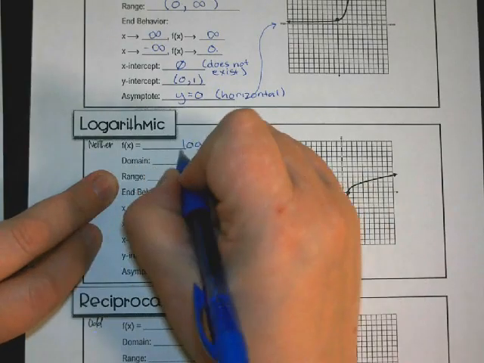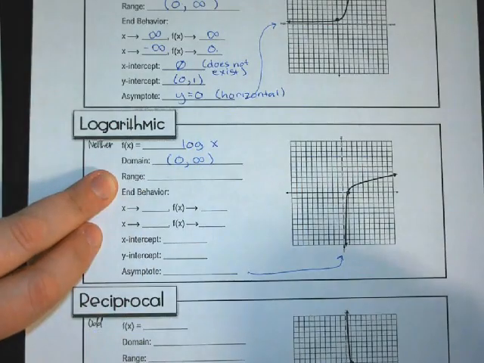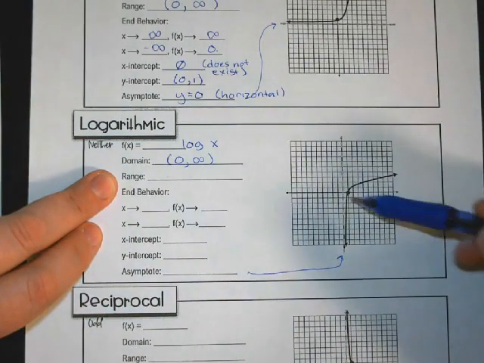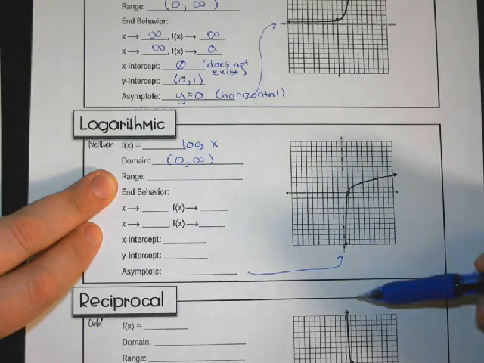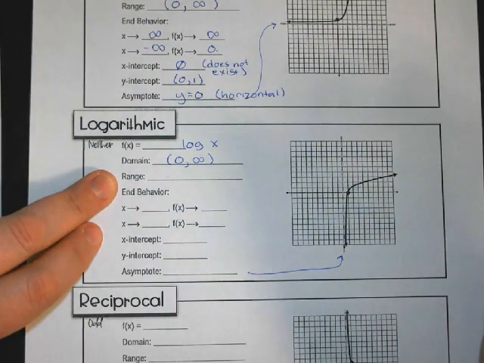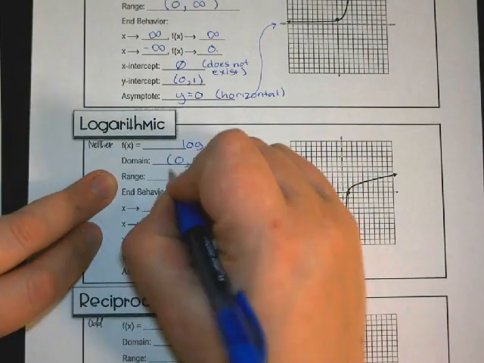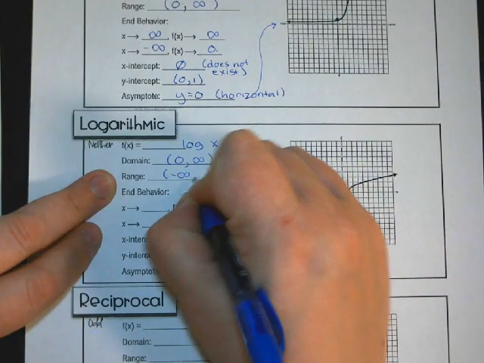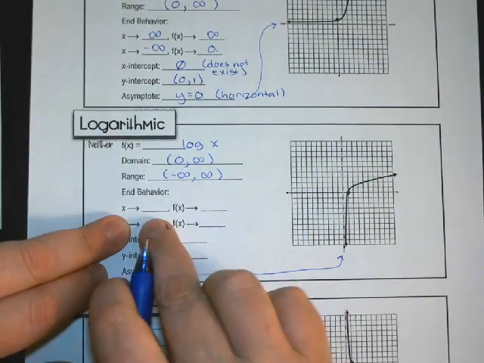So my domain is going to be 0 to infinity. But as you can see from my graph, there's no limit to how low that y value could go. And there's not going to be a limit on how high that positive y value can go either. So my range is going to be from negative infinity to positive infinity.